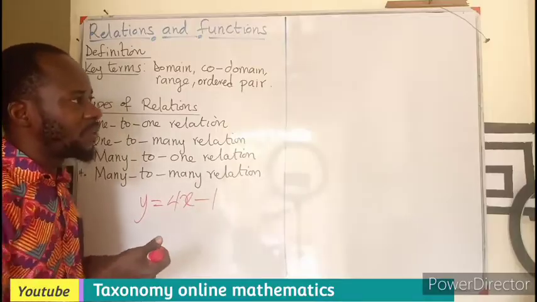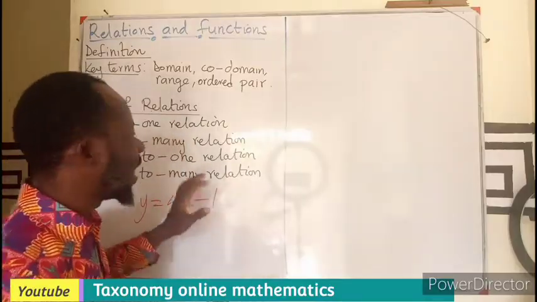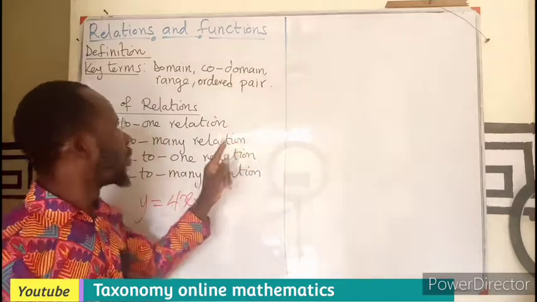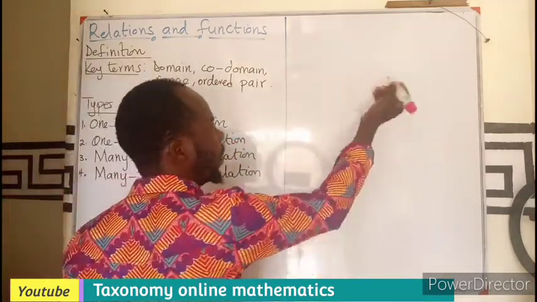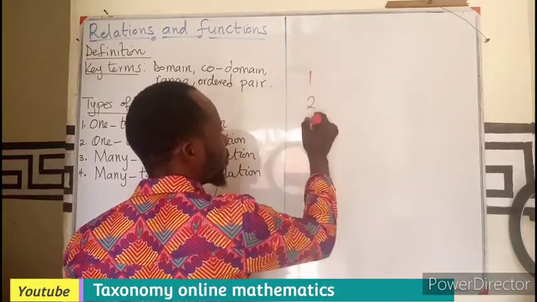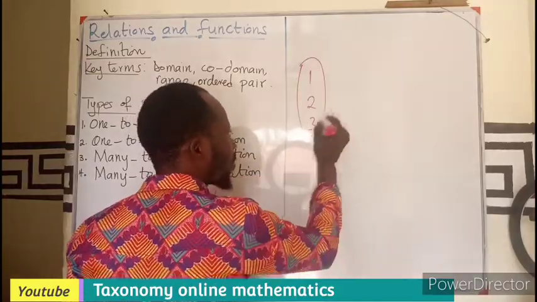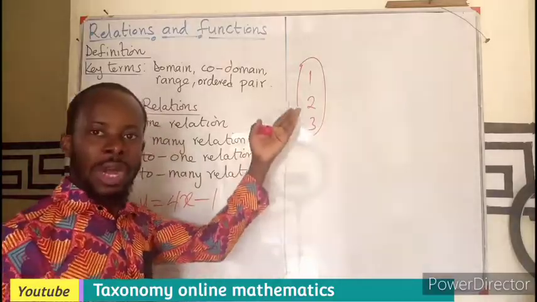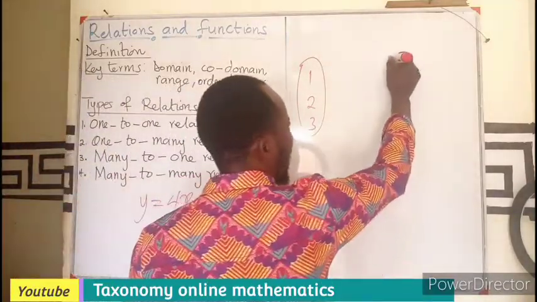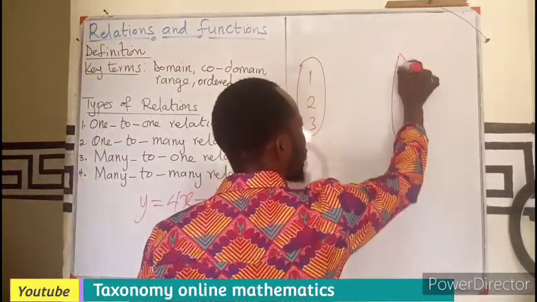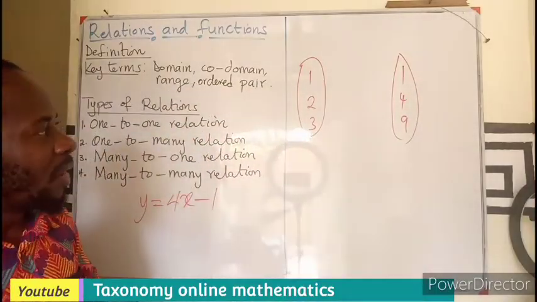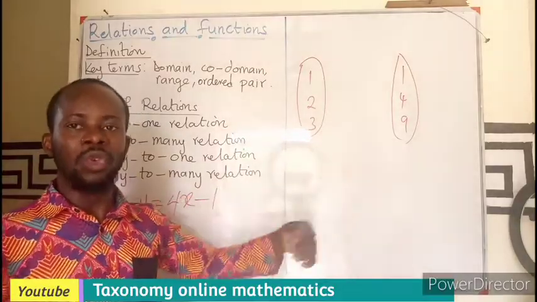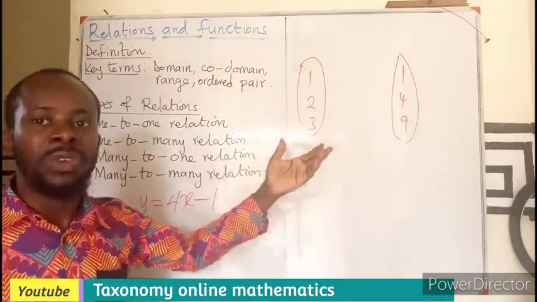If I want to refer to two sets, the first set is what we refer to as the domain. So if I have a set of values, let's say 1, 2, 3, and another set of values. Now, if I want to relate, I want to unite, I want to connect these two sets.